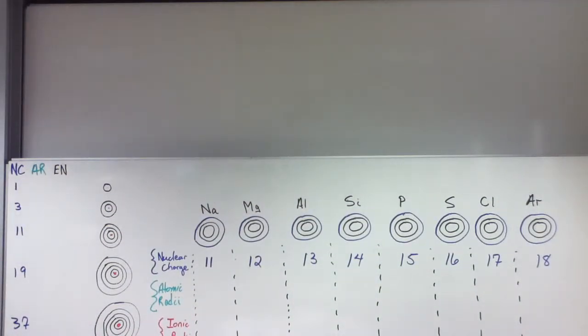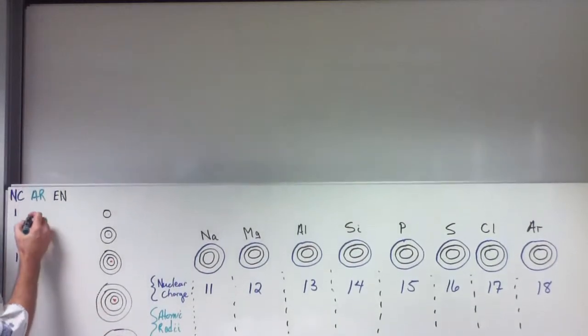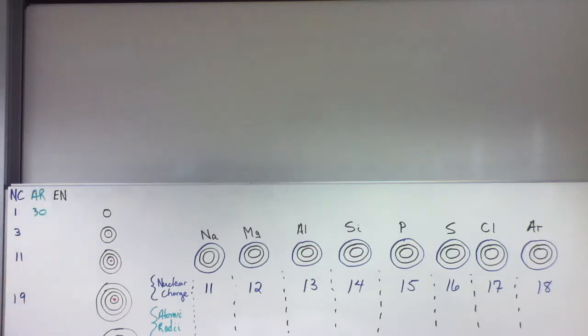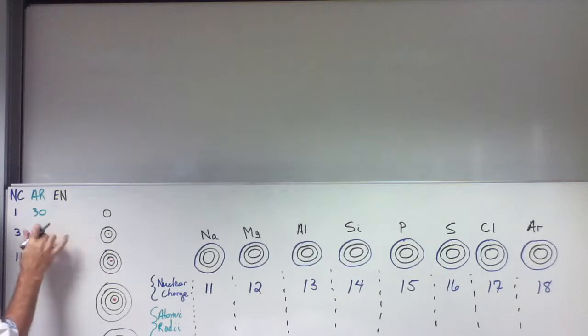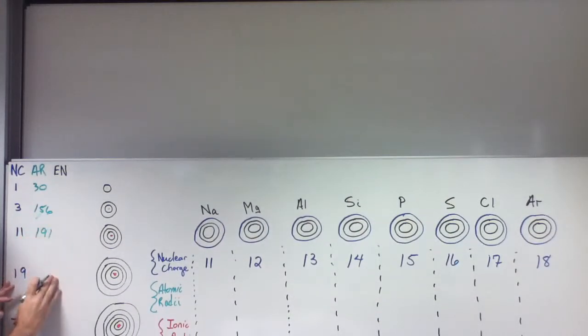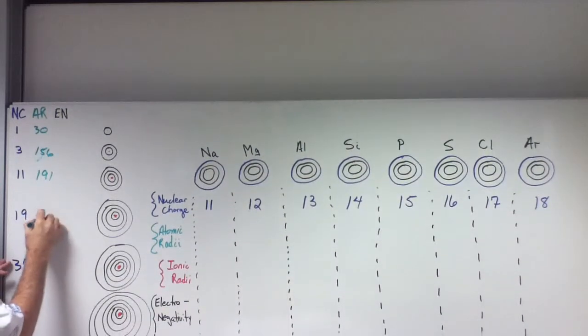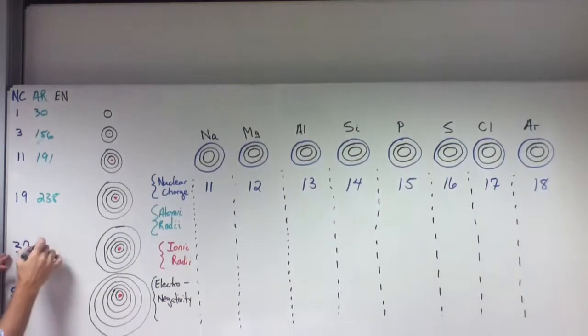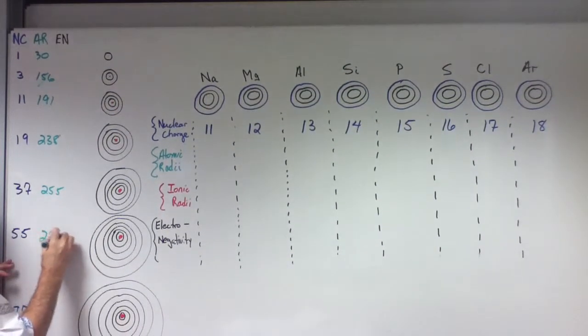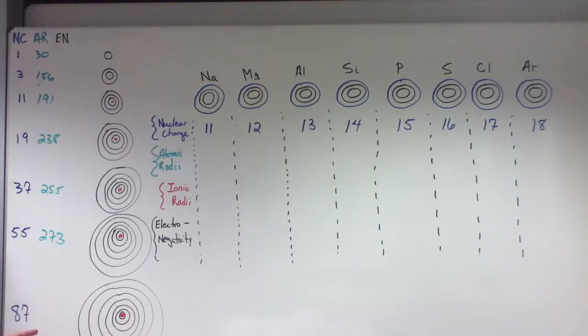Red, why don't you read them all off for me? 30. 156. 191. 238. 255. 273. And we don't have francium, do we? It's not on that chart. It's bigger, trust me.